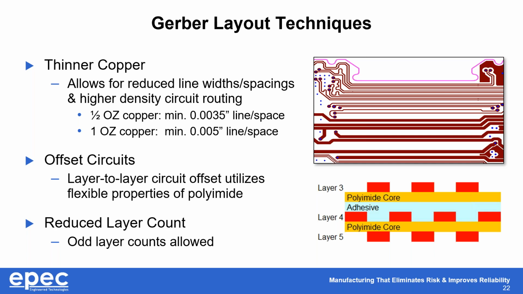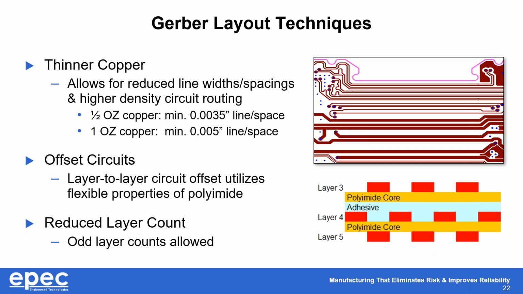Another trick, and this is specific to flex circuits, it really doesn't do anything in a rigid board, is offsetting the circuits as they're routed between adjacent layers within the design. I've got a little example here in the bottom left-hand corner.